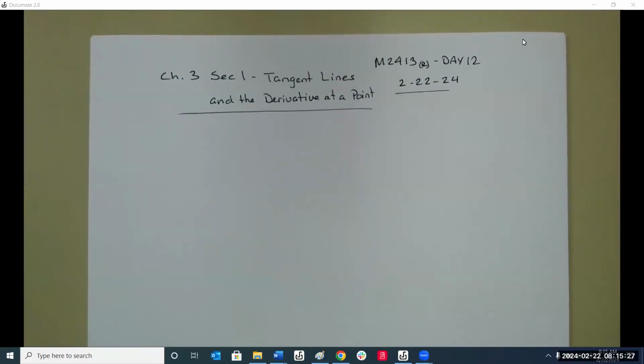So since we've been started, what has been the recurring theme that we've been looking for? When we did the difference quotient, what was it looking for? When we did the limit, what was it looking for?